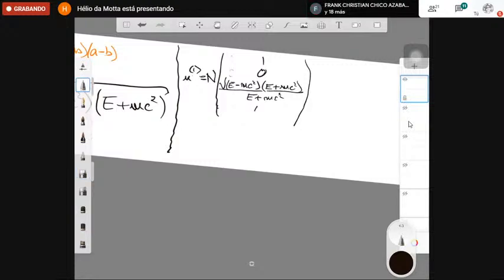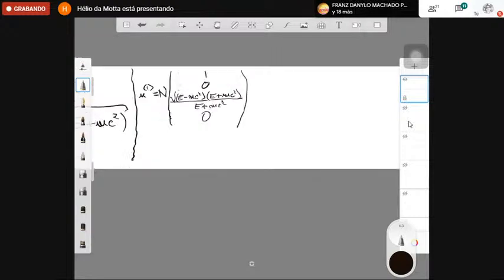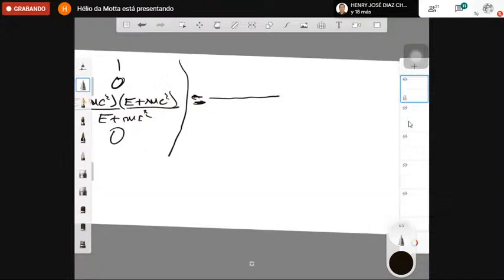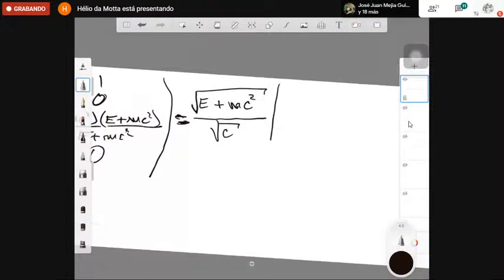Okay, it's nicer this way. If I replace N by its value, that's written there before, this would be 1, 0, and so on.